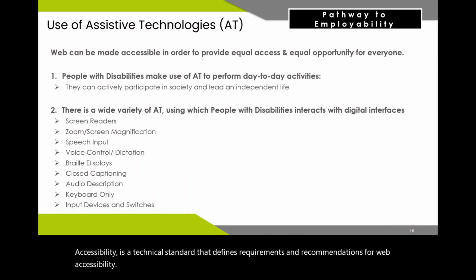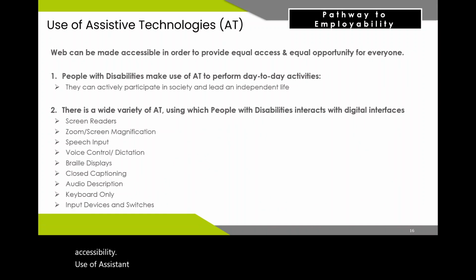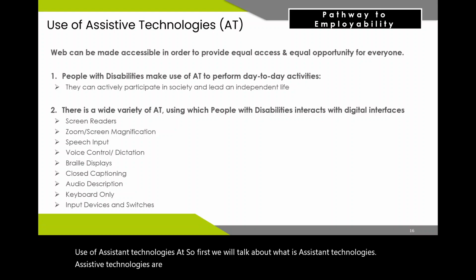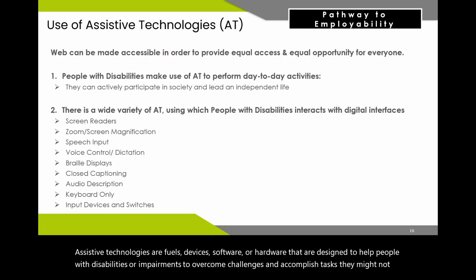Use of assistive technologies, AT. So, first we will talk about what assistive technologies, AT, are. Assistive technologies are tools, devices, software, or hardware that are designed to help people with disabilities or impairments to overcome challenges and accomplish tasks they might not otherwise be able to perform.